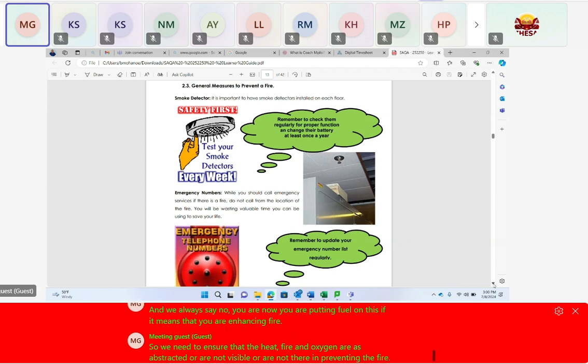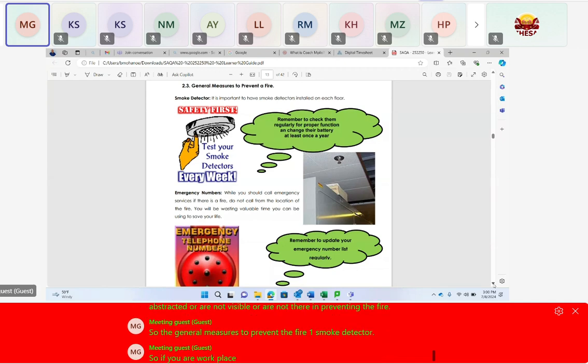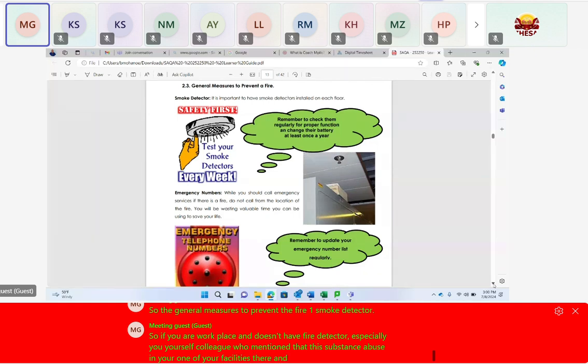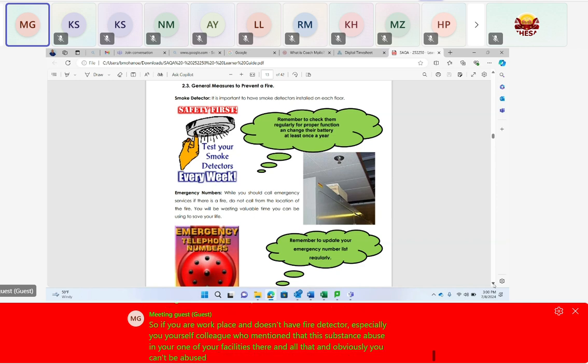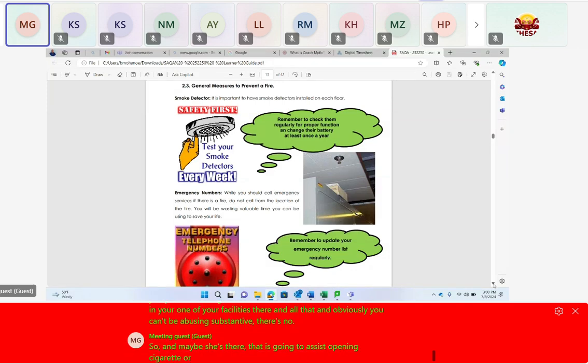So the general measures to prevent fire: one, smoke detector. If your workplace doesn't have a fire detector, especially, a colleague mentioned that there's substance abuse in one of your facilities there and all that. Obviously, you can't be abusing substances if there are no matches to burn the cigarette or dagga or whatever kind of drug they're using.